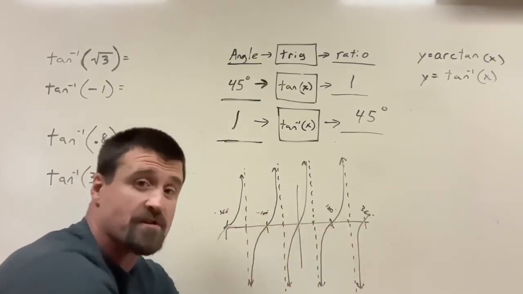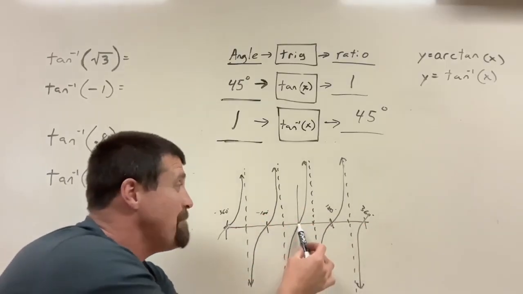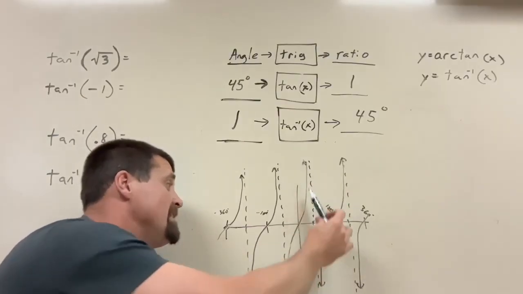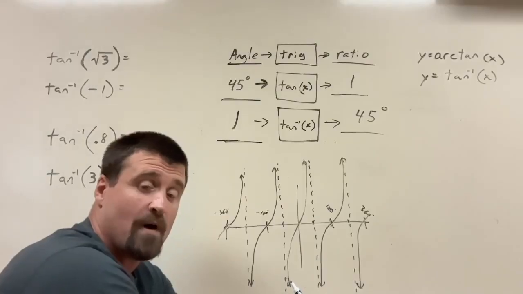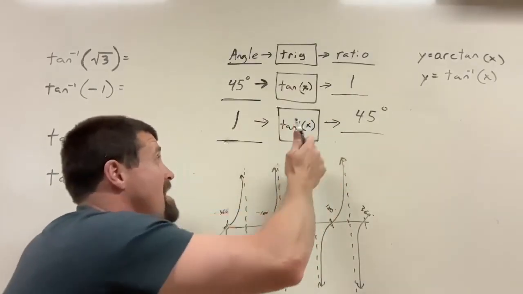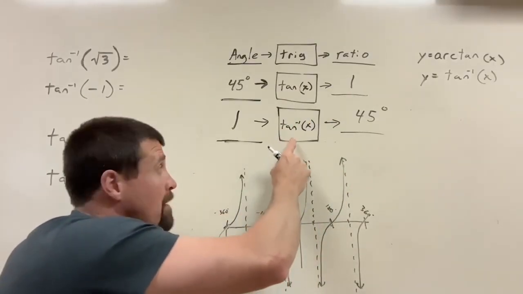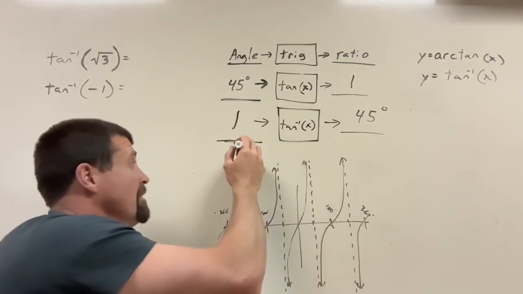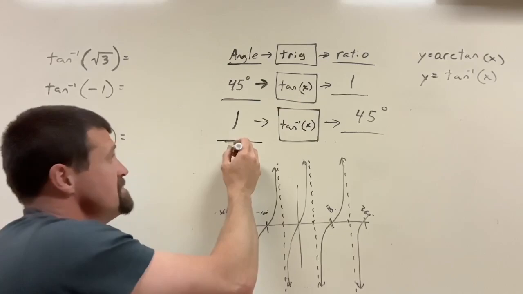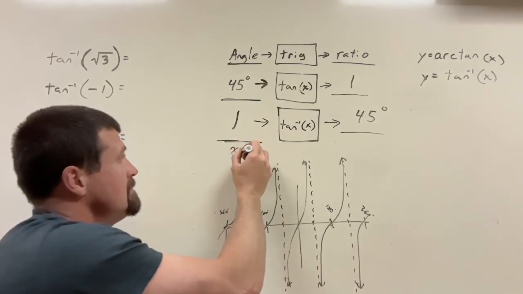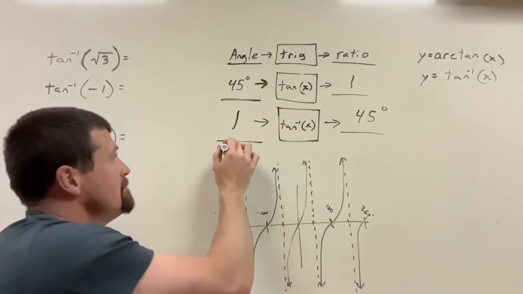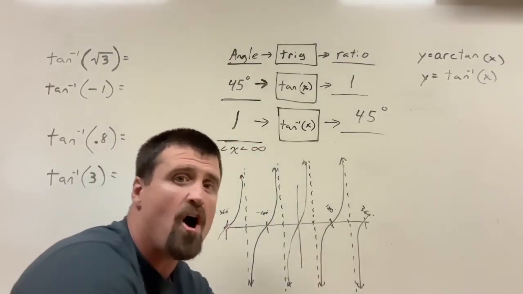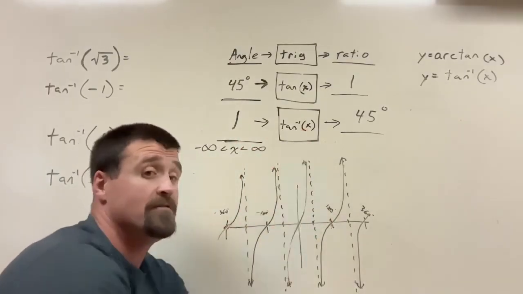But if you'll notice with the graph of tangent here, it's not bound by 1 or -1. Tangent can go all the way to infinity or -infinity with its y values. So when I flip it around, the x values that I'm plugging into inverse tangent can be any real number, from -infinity all the way to positive infinity. All reals is the domain of inverse tangent.